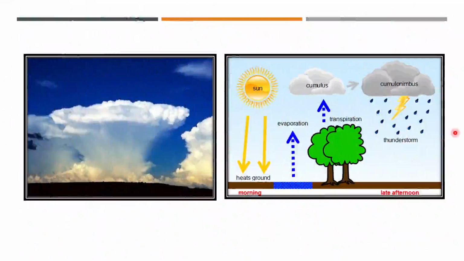The ascending convectional air current rises, and in the upper troposphere it spreads horizontally towards the poles. This ascending air current leads to the occurrence of convectional rainfall in the afternoon with violent squalls and thunderstorms.